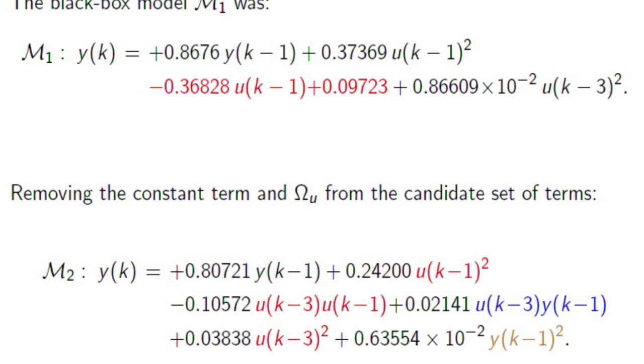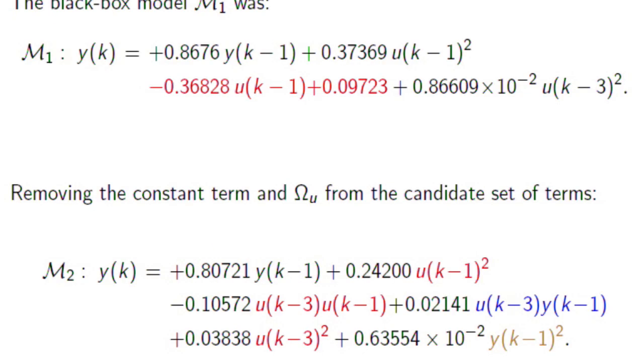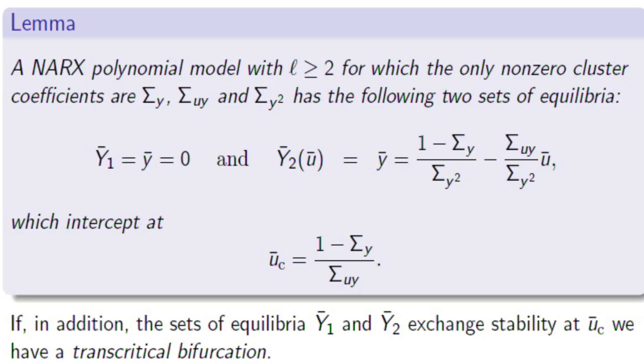But I can impose exactly what I want using the lemma. Remember that I only had 3 coefficients that could be different from 0. Remember that U2 was not allowed. U2 doesn't show up here. It's not allowed in the model.